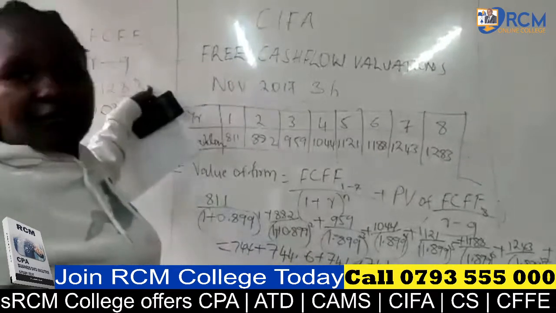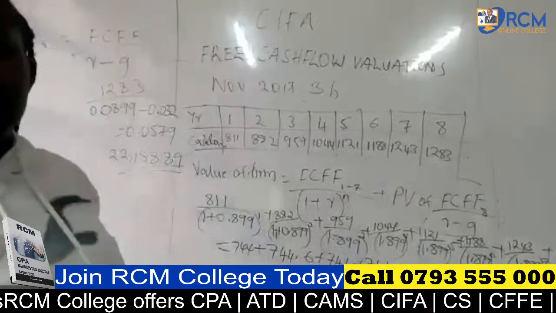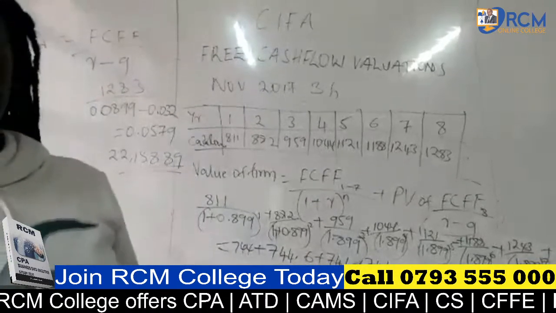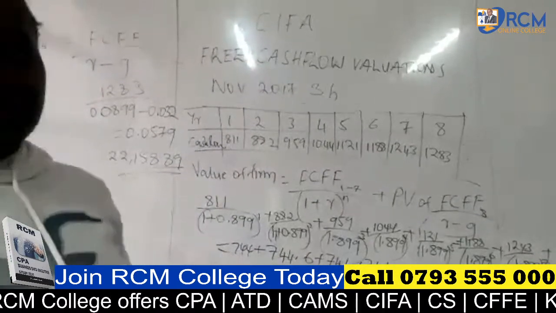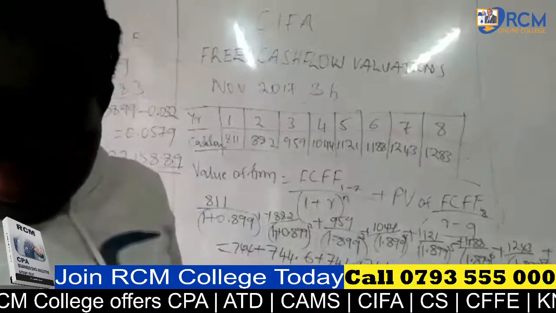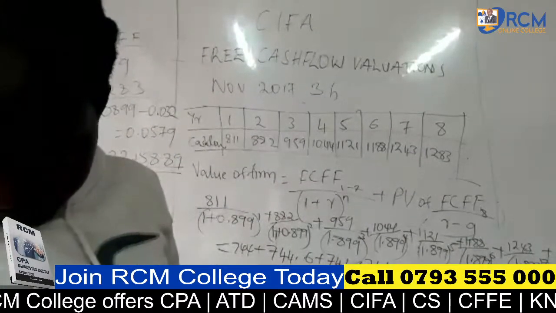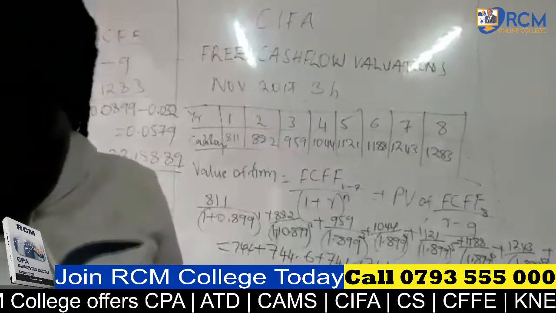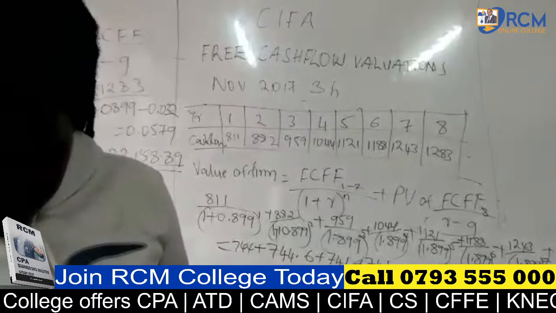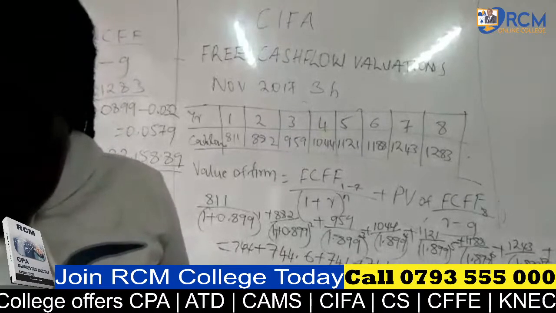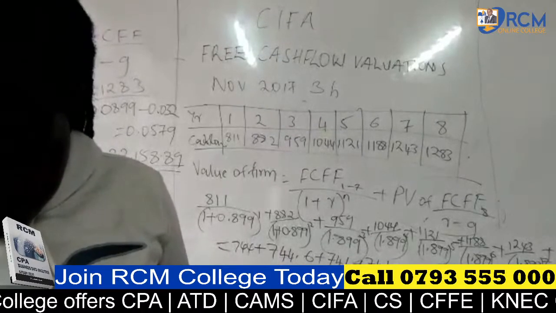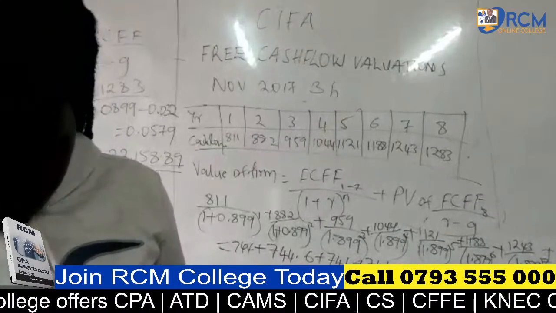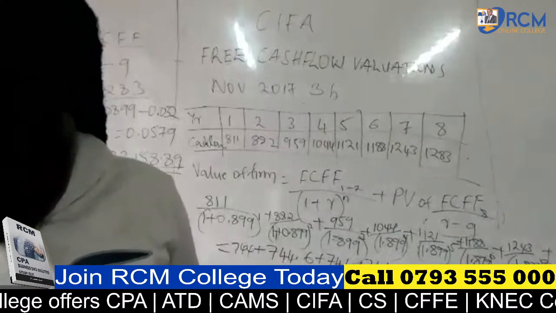Have you used 1283 divided by the weighted average cost of capital minus the growth? Yes, I used the 1283, but I multiplied by the growth, then divided by R minus growth. Okay, so let's just finish this one first.